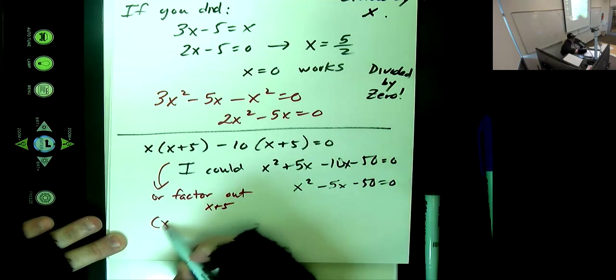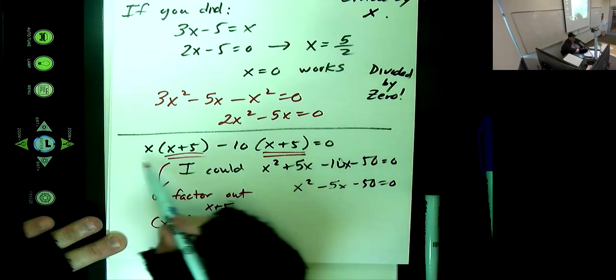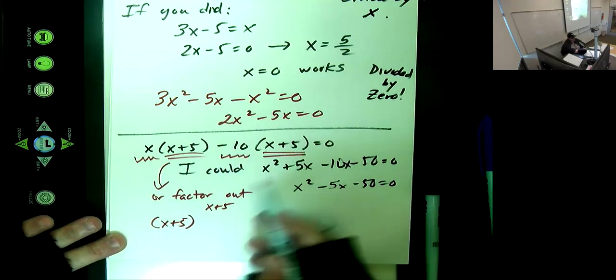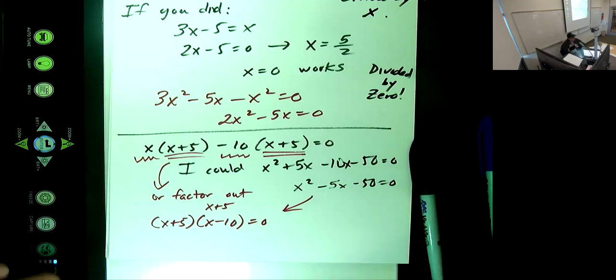Right away, if I take out the x plus 5, I'm left with x minus 10. You would have gotten there, but you didn't have to do all the multiplying out. There's nothing wrong with doing it, but you can save yourself some time.